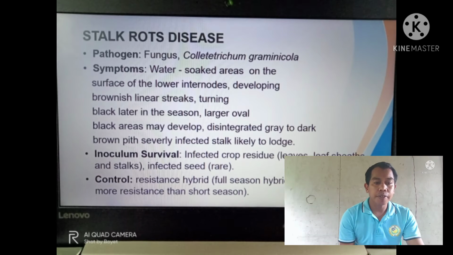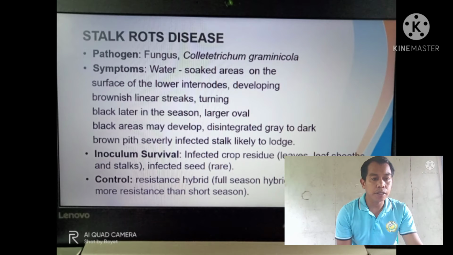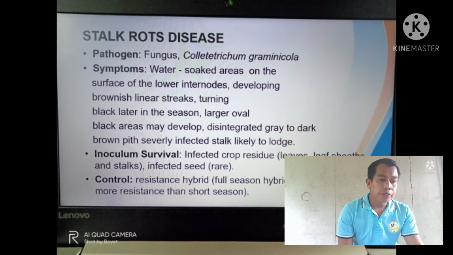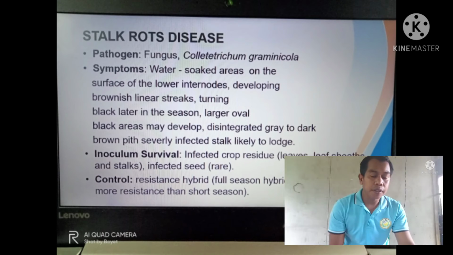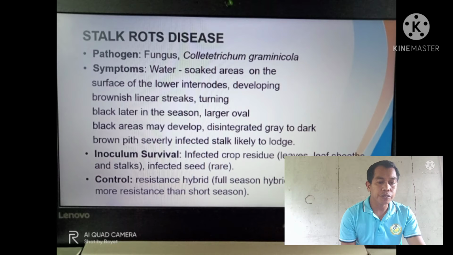Inoculum survival: infected crop residue, leaf sheaths and stalks. Infected seed is rare. Control: resistant hybrids, full-season hybrids.